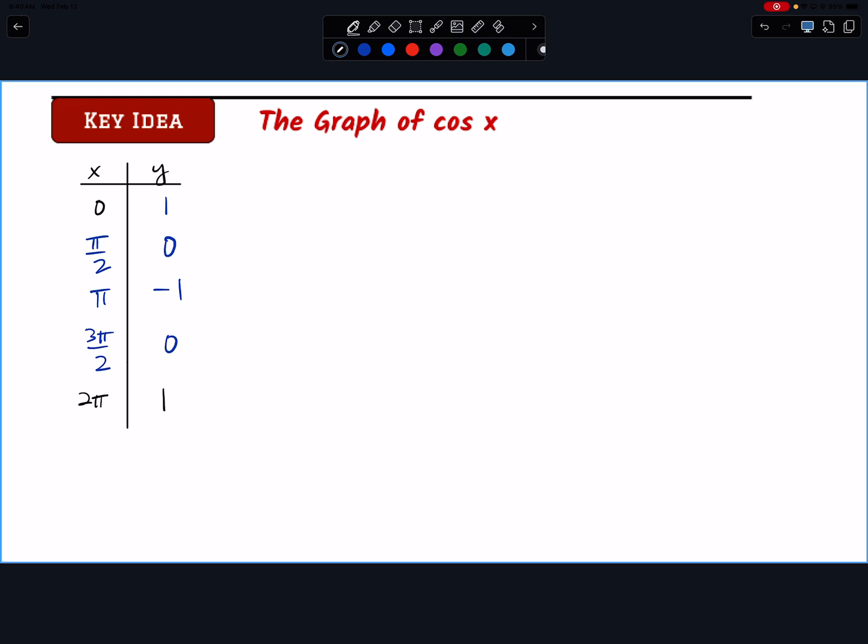So if we graph this, I'm going to call this 1, label this as -1. And then I'm going to space out my x values so they look like they're about the same distance apart from each other.